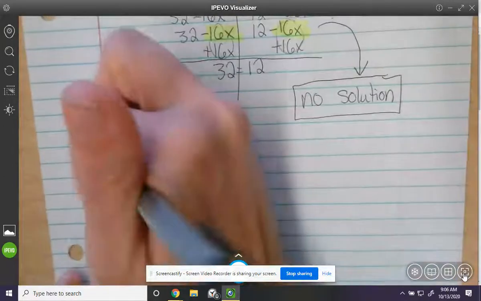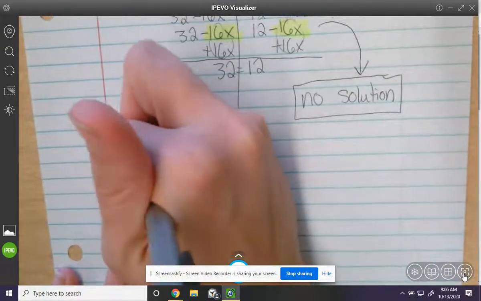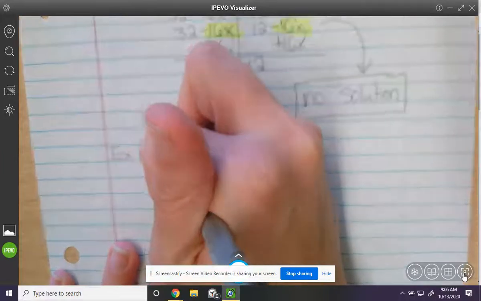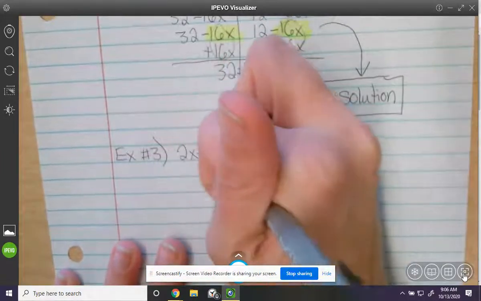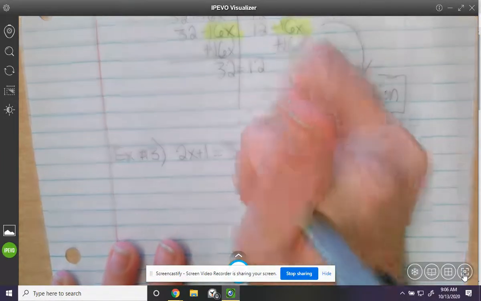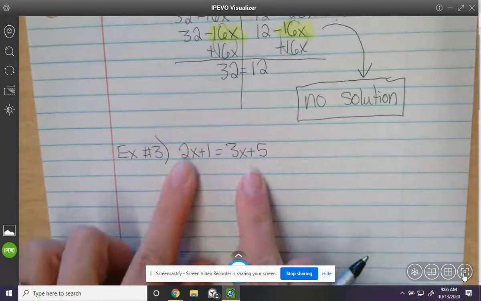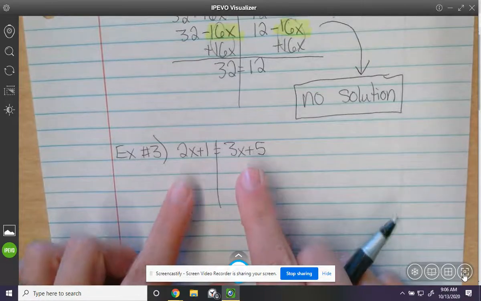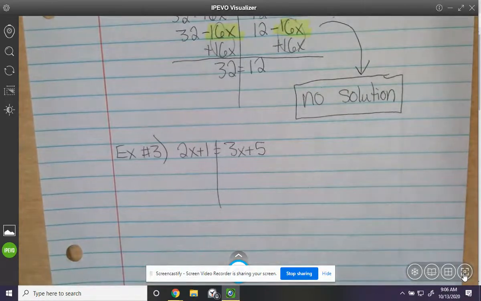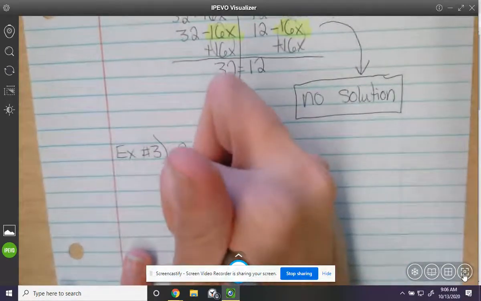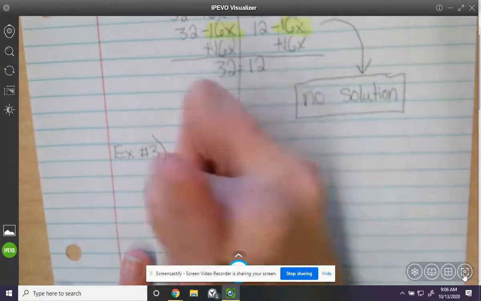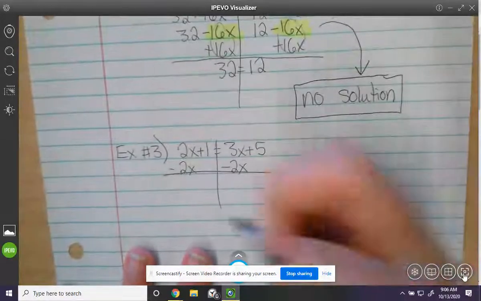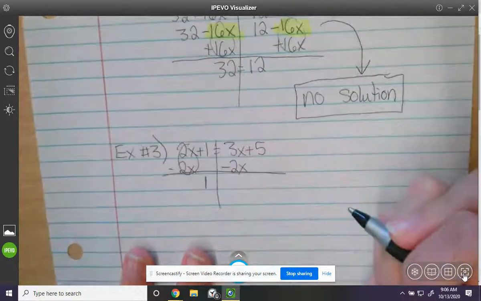All right, last one. We got 2x plus 1 equals 3x plus 5. This one's already simplified for us. There's absolutely nothing similar about these, so we're just going to solve it like we normally would. I'm going to subtract 2x first. That'd be 0, so I'm left with 1 on this side.